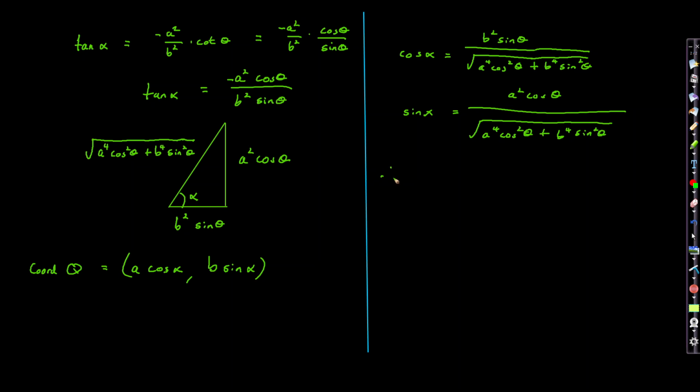Okay, so therefore the coordinates of Q in terms of theta would be, coming back down to here, a times the cosine of alpha, so that would be a b squared sine theta over this big long square root thing again.